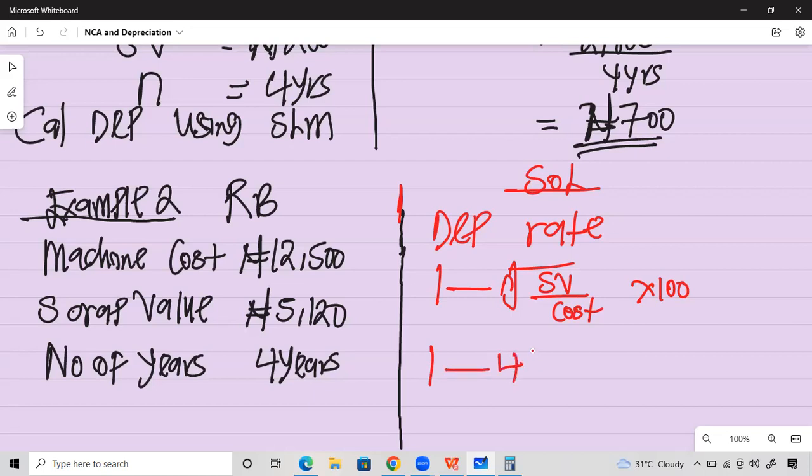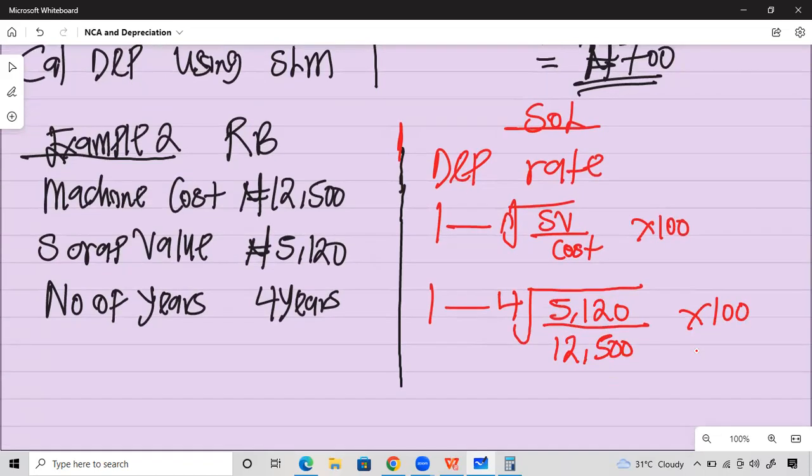The useful life is 4, so it is the fourth root. The scrap value is 5,120, divided by the cost, which is 12,500, then multiply by 100.